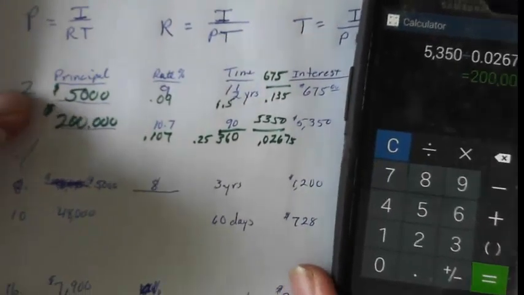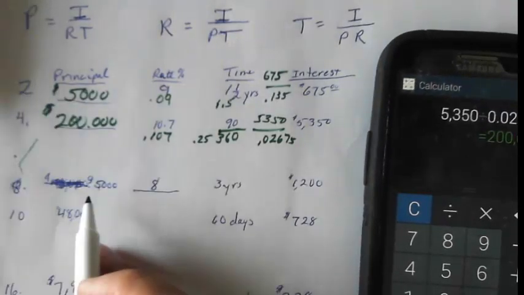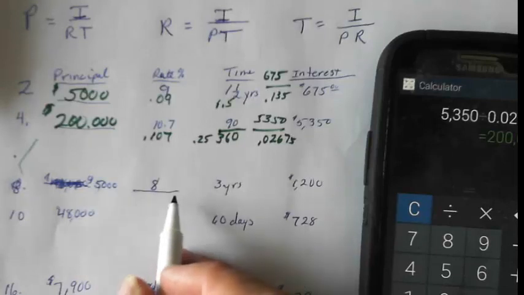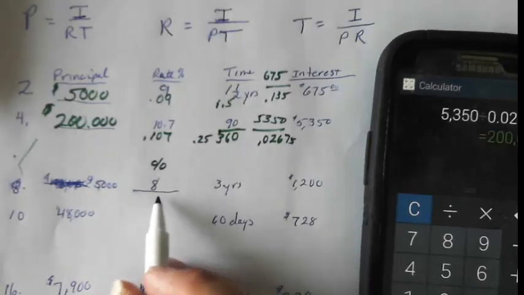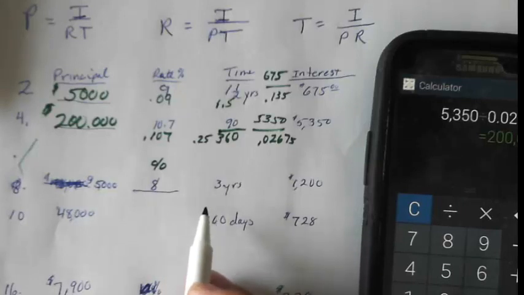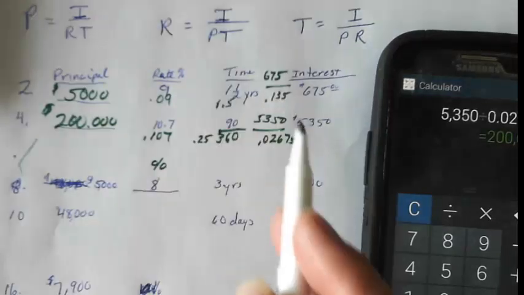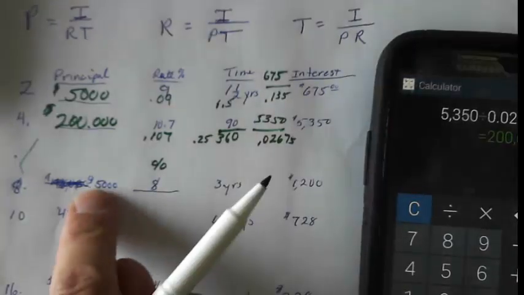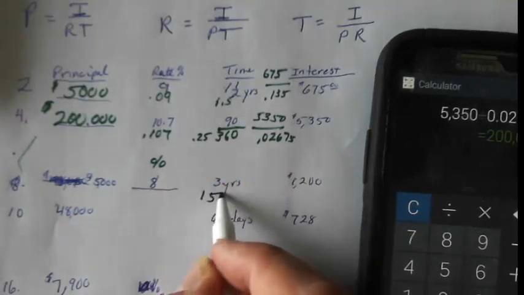Okay, let's move down to apply a different type of the formula. So here, this is example 8 in your book. So how do they get this? They're looking for the rate this time. So they're looking for the percentage. And how do they get that? Well, if they're looking for the rate, you take the interest divided by the principal times the time. So principal times time, 5,000 times 3 would be 15,000.